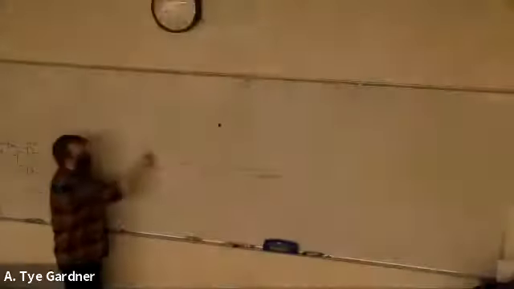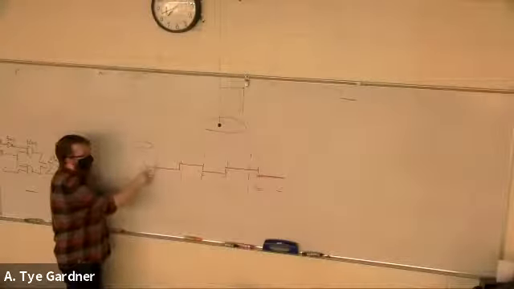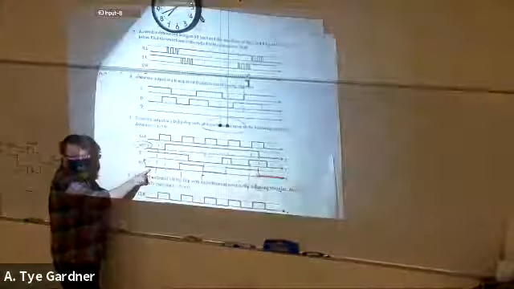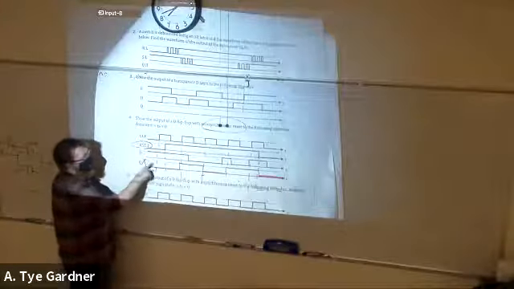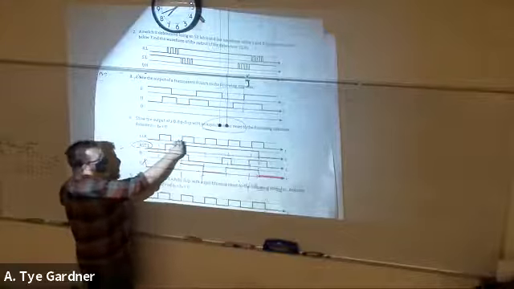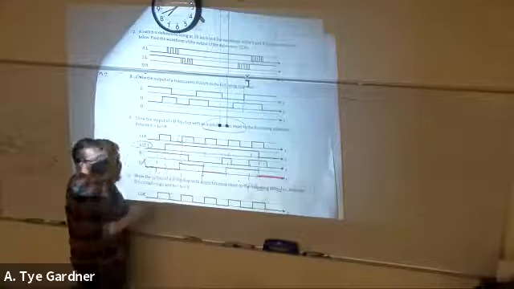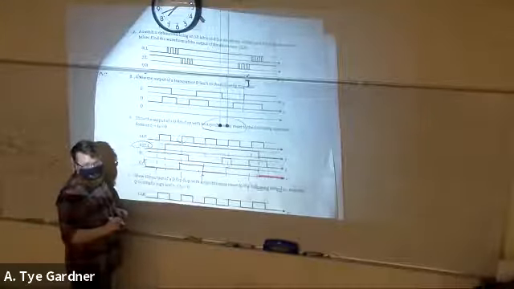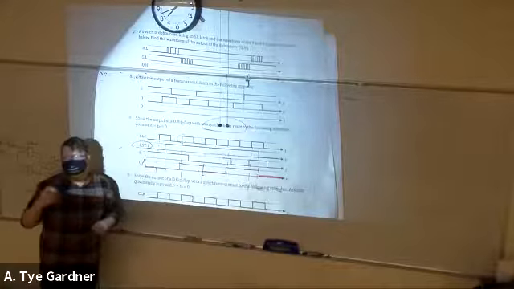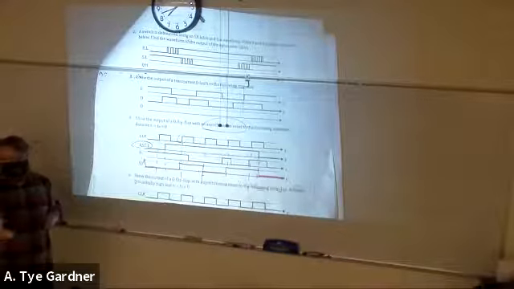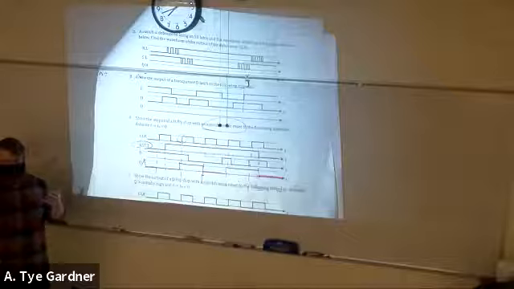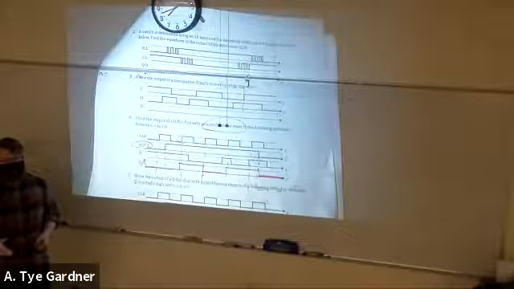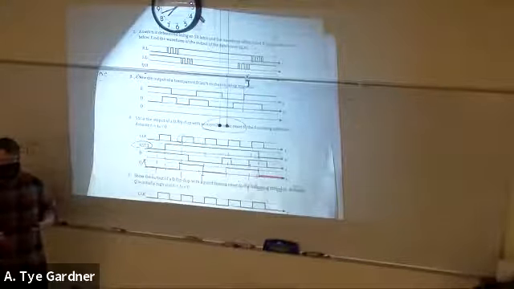If the reset is 0, no matter what, data is 0. If it is 1, then at the rising edge of clock, it's whatever data is. So reset overrides everything else. It says go to 0, just like a set overrides everything else except for reset, that says go to 1.